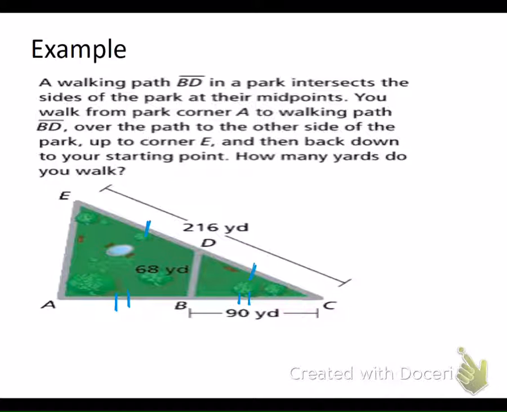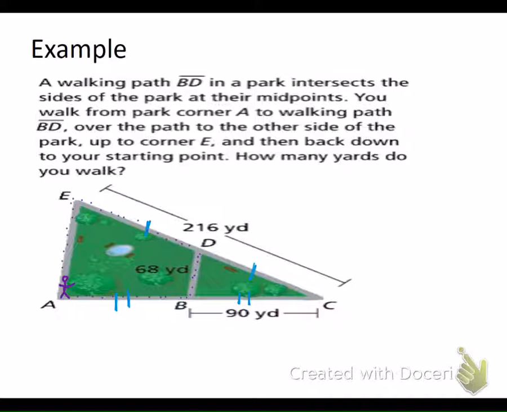So you have a little dude. Starts here. He walks this way. I never said I was an artist. And then he walks over here to the other side of the park up to the corner E. And then back down to his starting point. How many yards do you walk?